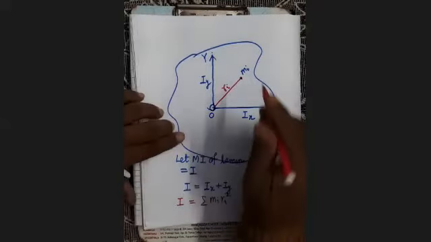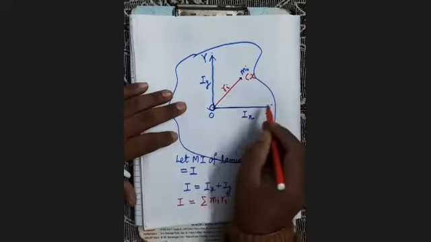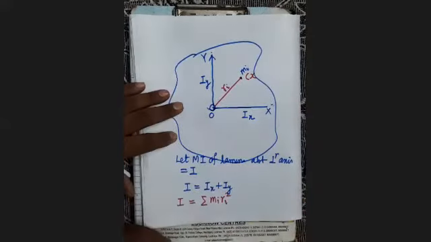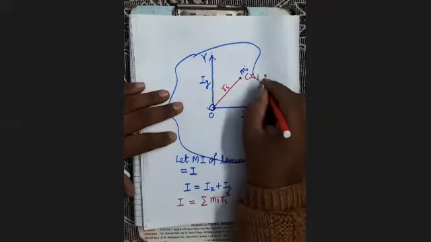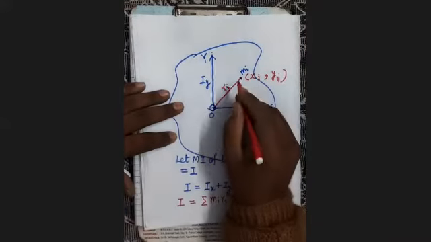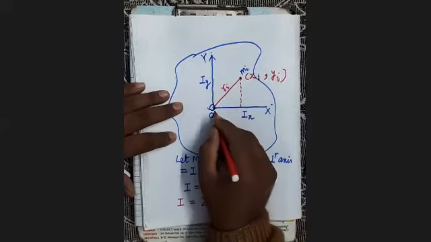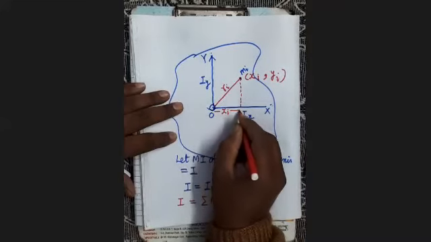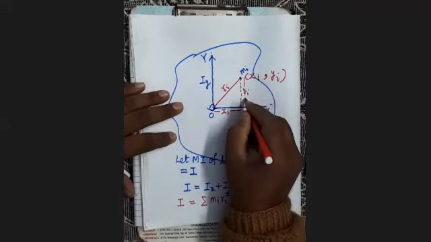Now if you take the coordinate of this point with respect to these axes as x-axis and y-axis, see here what will be xi, yi. This is the coordinate. xi will be this distance, and yi is this distance.